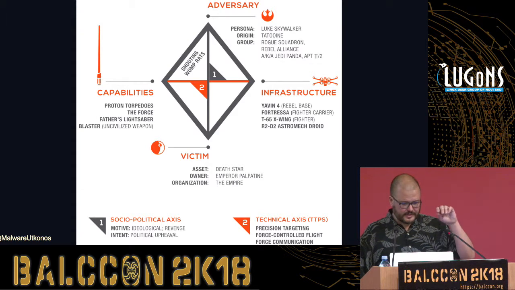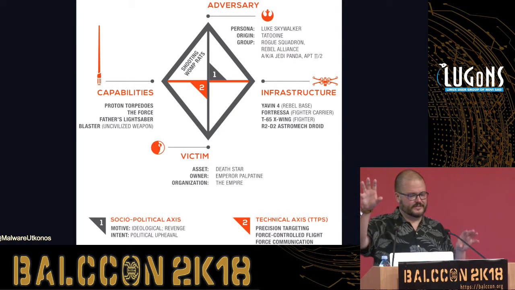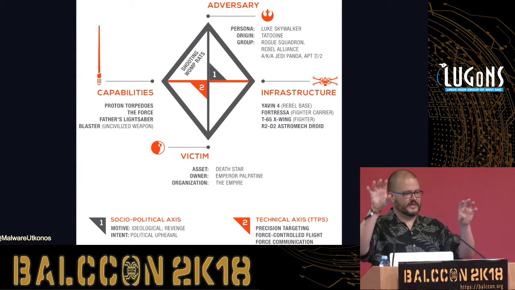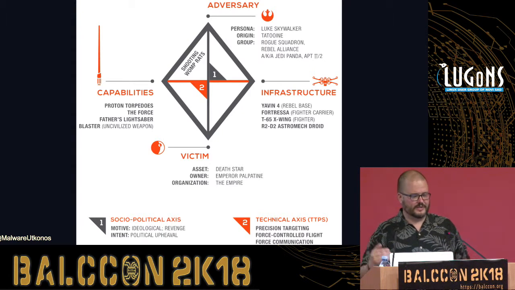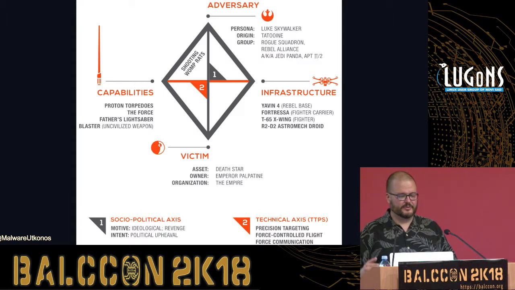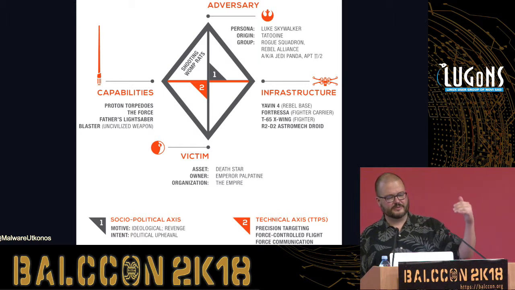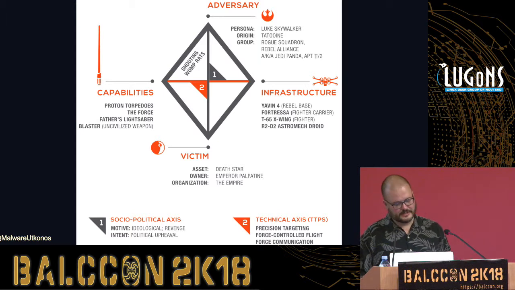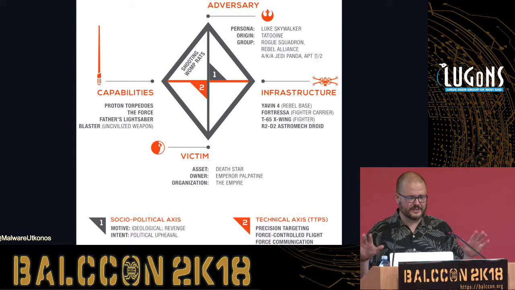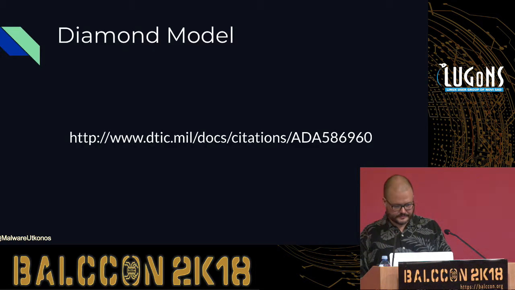Even if you don't have data in all of the corners of the diamond, you can infer a bit of who did it if you have some of the data. So if you've got a victim and capabilities, you may be able to infer who the adversary is. So that's the basics of the diamond model.